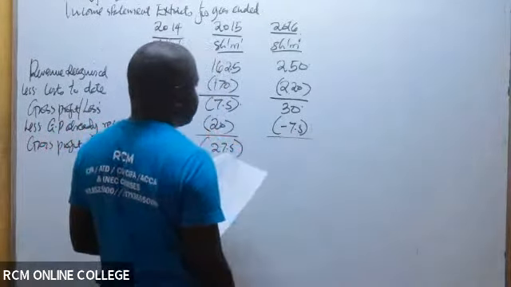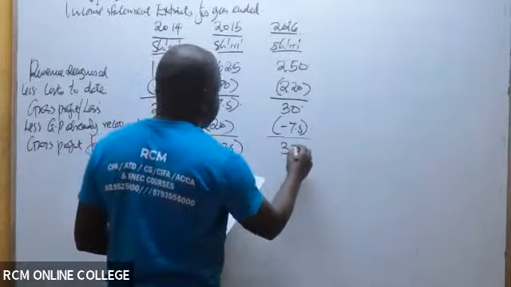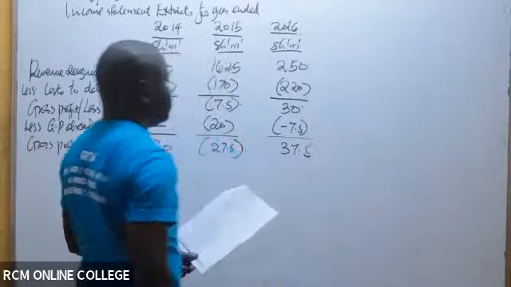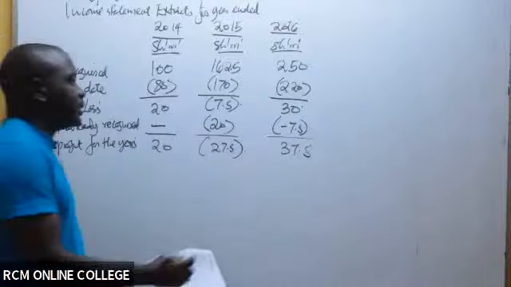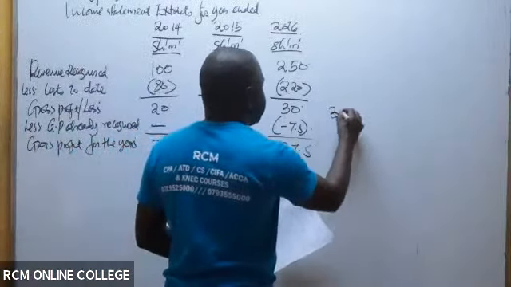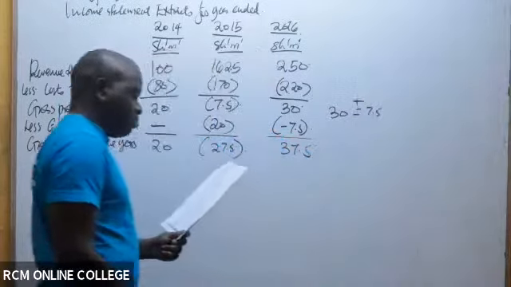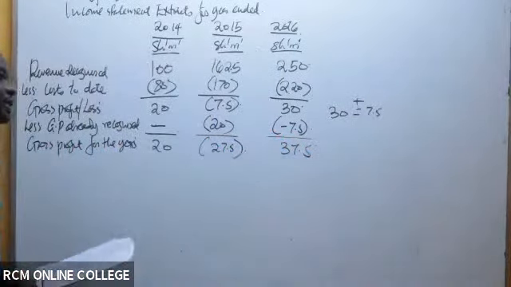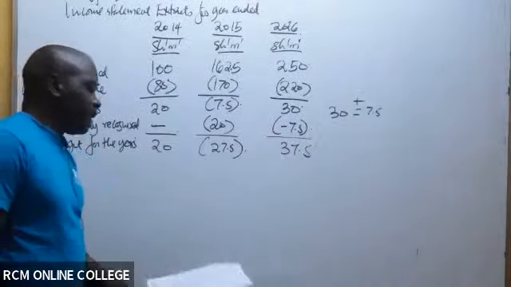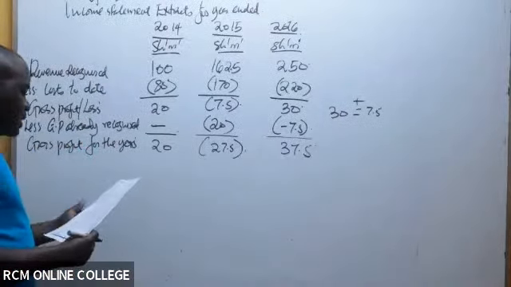So it will be 37.5. With 30 minus minus 7.5, you'll get a positive there, so this one will likely be 37.5.